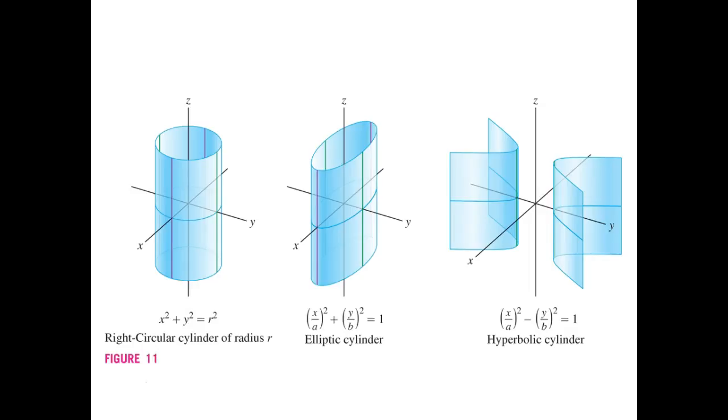See, according to this, y could be 0 if x is equal to a. That's not on here. What they have here is y squared over b squared minus x squared over a squared is equal to 1, and this would be your b.